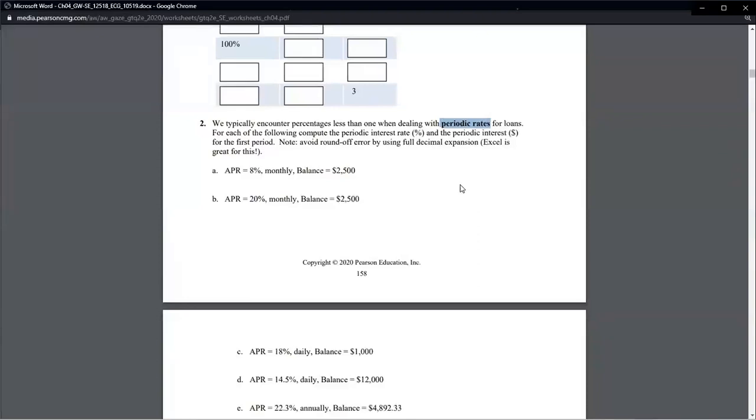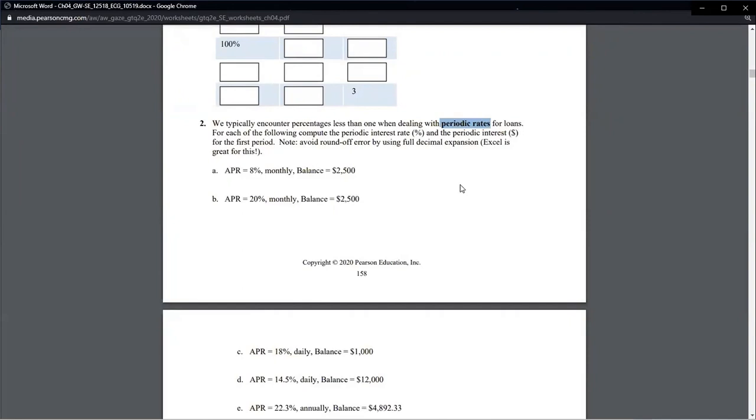But again, in the real world, your money usually grows quicker than that. Your money usually grows every month or every week or maybe even every day, depending on the type of account you have. So that's when we get to even smaller periodic rates where, okay, if you earn 12% every year, your monthly rate, if that's what your effective rate was based on, would be 1% per month. And then those would add up to 12%.